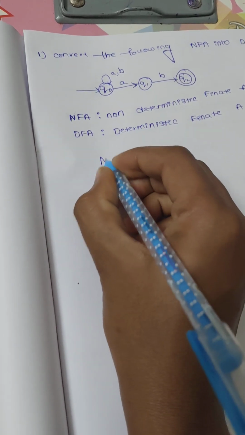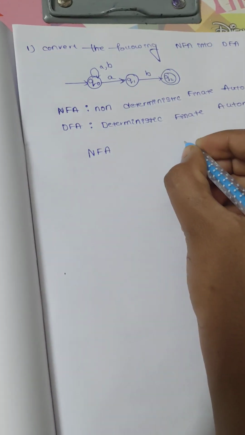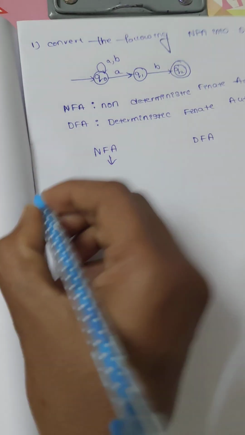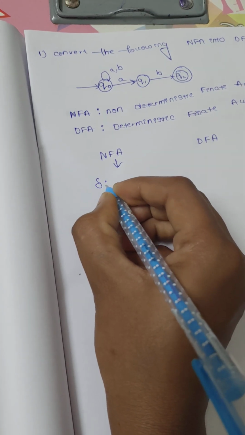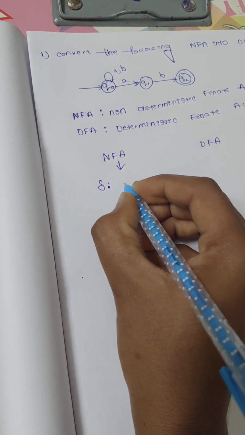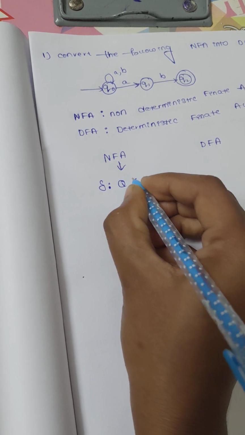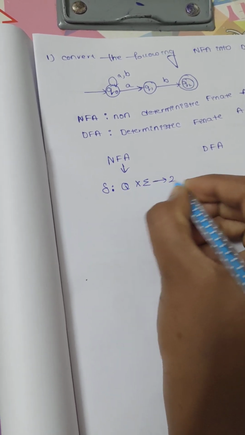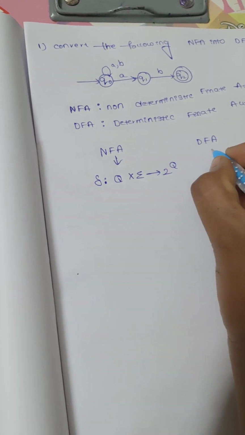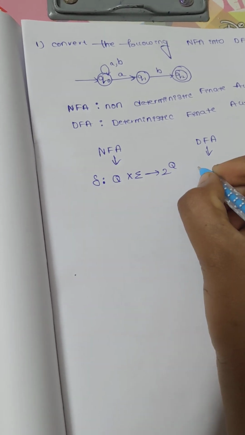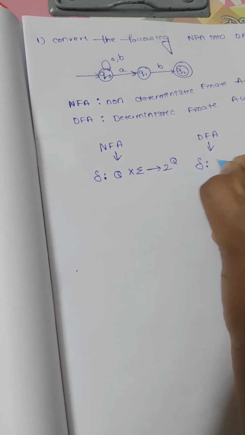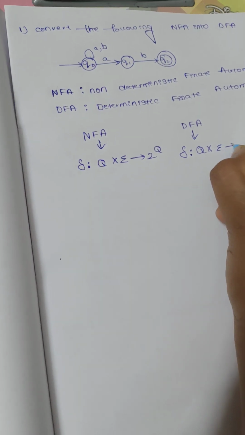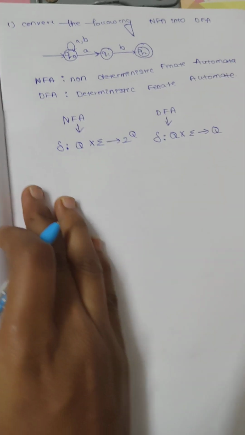And here, in the NFA, the transition function is that the current state and input symbol lead to multiple paths, and in the DFA transition function, the current state and input symbol lead to only one path.